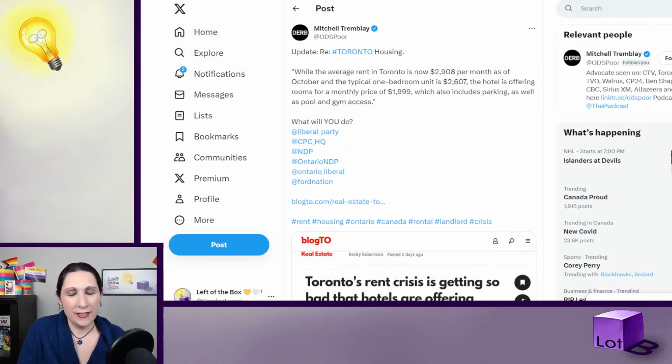It is just, this is what we're coming to. And the thought of being in a building with a pool and a gym is kind of nice. But this is what we're coming to. And even then, who can afford that? A reminder that Ontario Disability pays out about $1,300 a month. Can't even afford that.